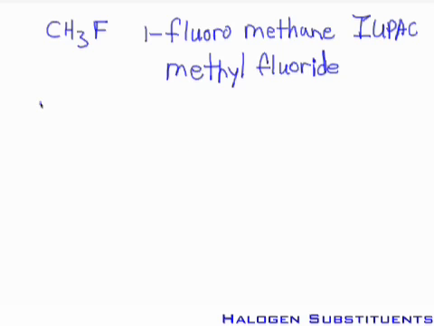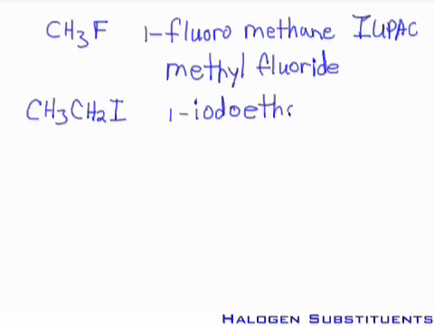Let's do an ethane. Let's make this an iodine. What would the IUPAC name of this be? 1-iodoethane. That's IUPAC. What's the common name?